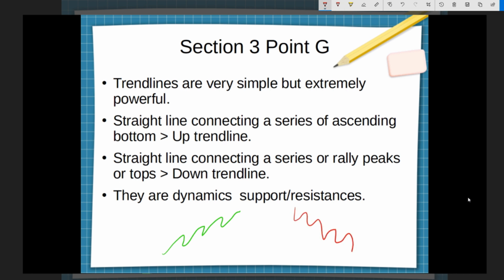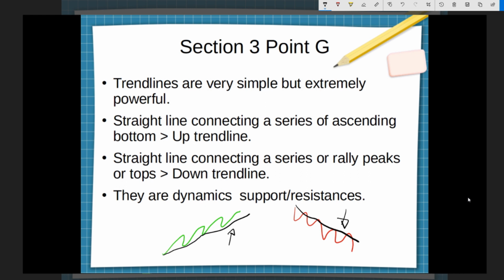Now, I told you about this zone or swing low or different type of low or bottom. Now, a line that connects all these is called a trendline, or in this situation that's an uptrend line, and this one that's a downtrend line.